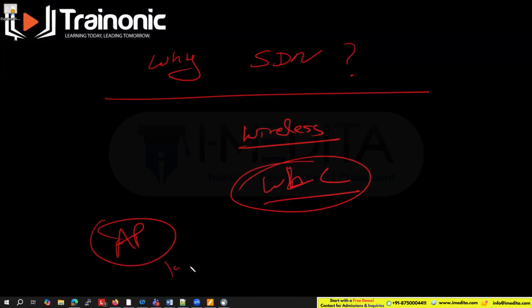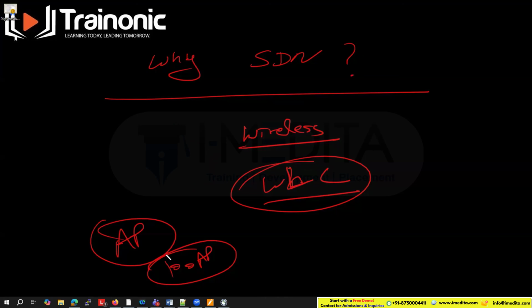If you have 100 APs, you have two ways. Either you manage all your access points locally, independently, individually, like you go to each and every AP and manage them. And what if you have 1000 APs? Would you manage all of them independently? You can. It's not like you cannot manage them independently. But the point is, it's very difficult.